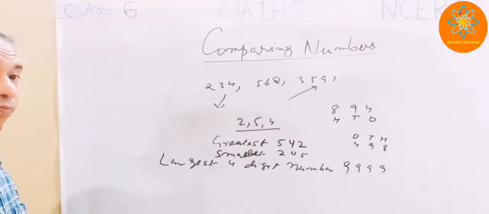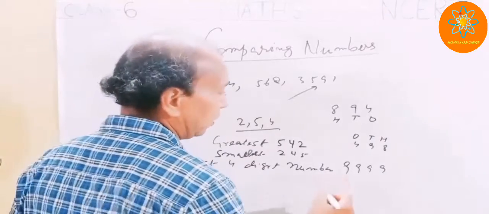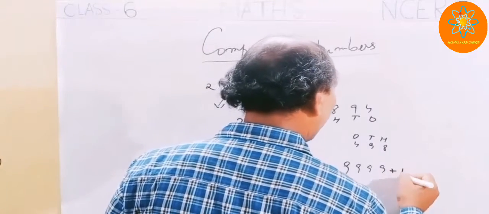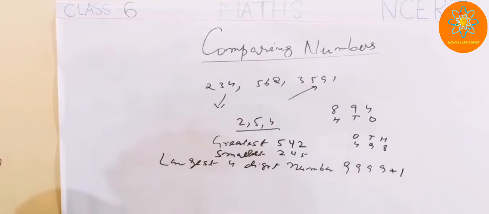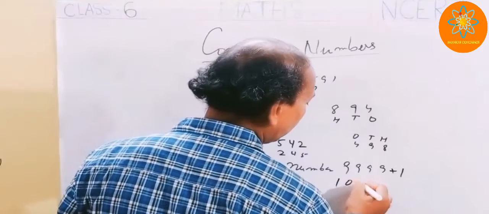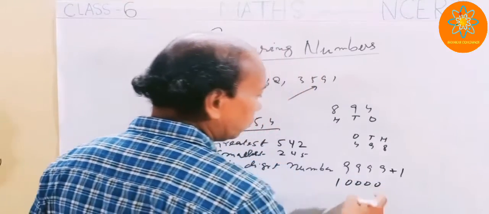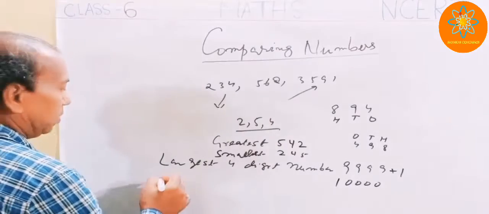Mind it, if we add 1 here, this will be your smallest 5-digit number, that is 10000. So this is the smallest 5-digit number.